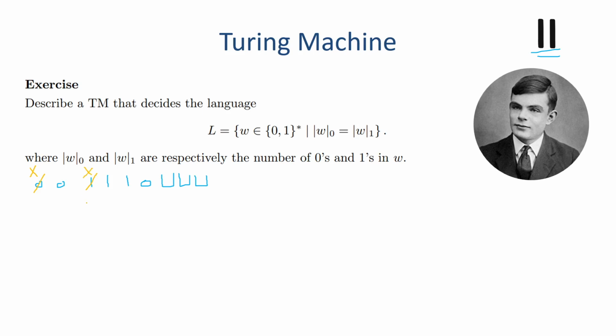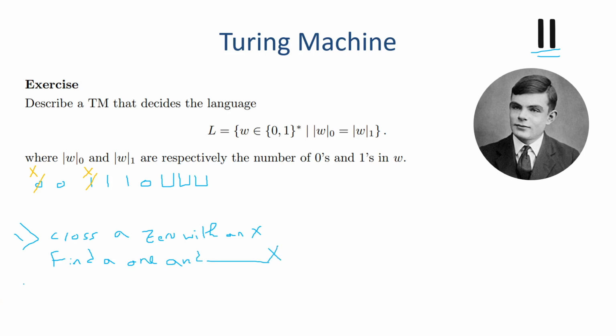For every 0, you're going to cross a 1. So that's the first thing we want to do here. So cross a 0 with an X, and then find a 1. And once we find that 1, we'll do the same thing and cross it with an X.